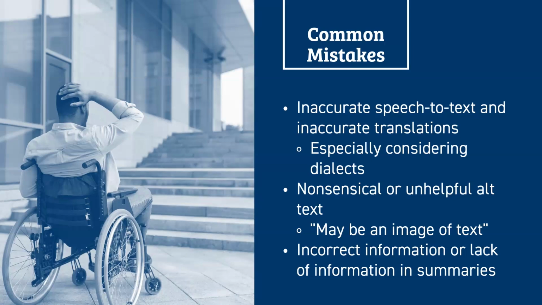We also end up with a lot of nonsensical or unhelpful alt text when you're putting things into websites. I run all of the social media for the library, and so I get to see the AI generated alt text that it makes for all of the images that I upload. And often it ends up as completely incorrect. I got one that was a picture of a person's head on their face.